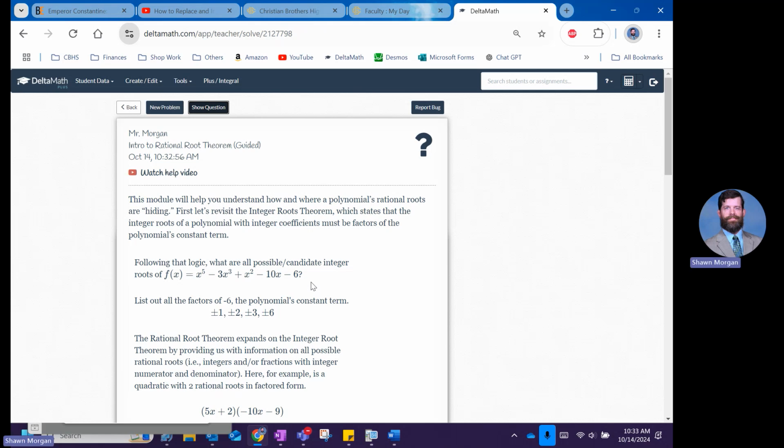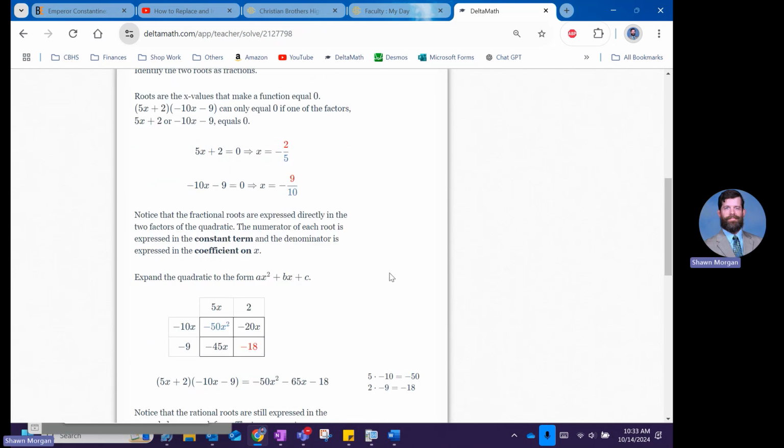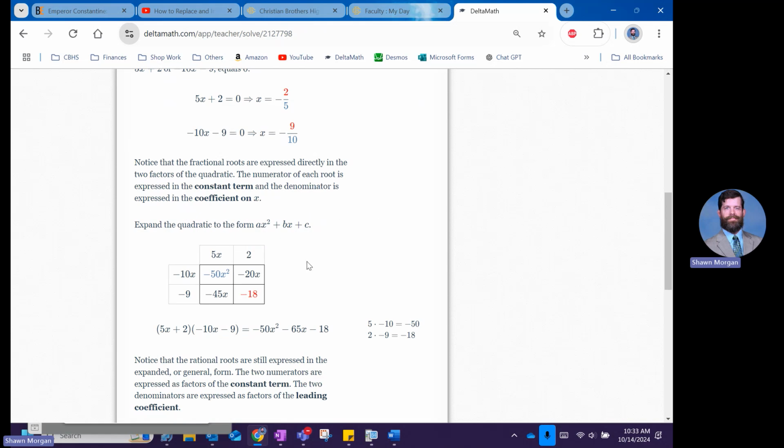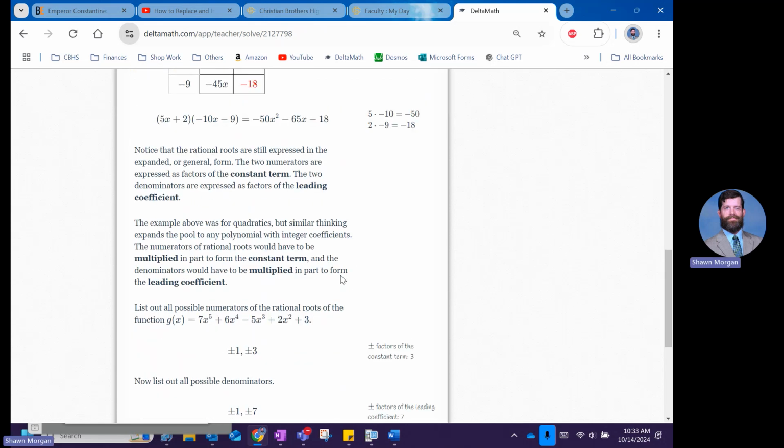Once you've done that, the rational root theorem expands the integer root theorem by taking P over Q. This is an example with some rational roots. But for us, we're just looking at the constant term divided by the coefficient term. So your list of P right there takes that into consideration.